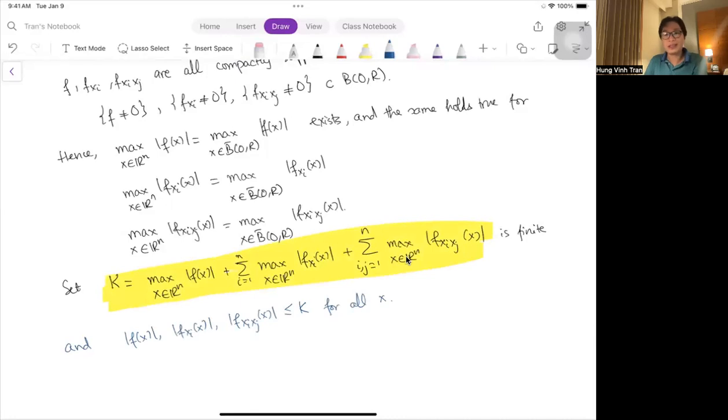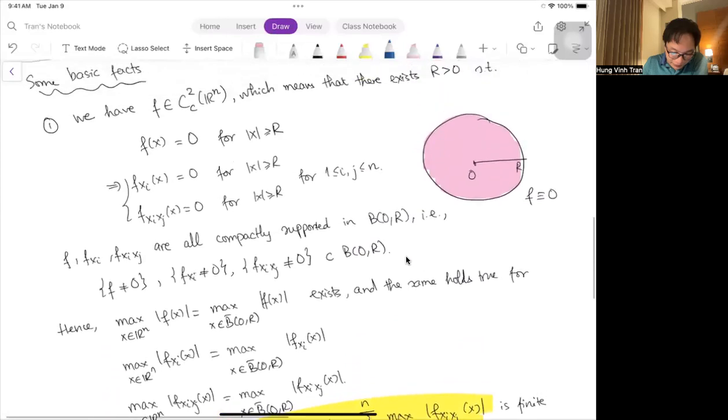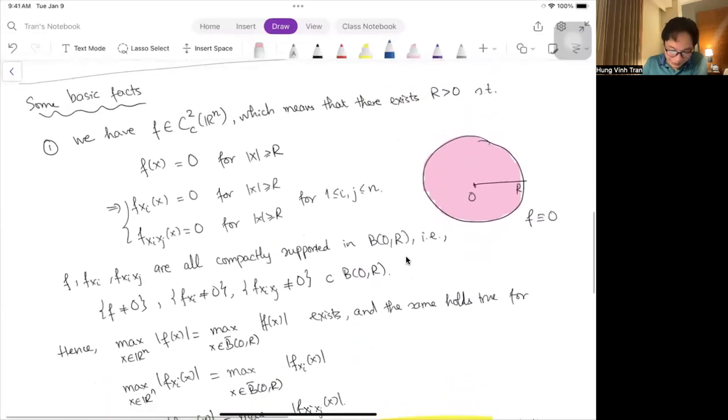So we essentially define a bound k, which is an upper bound for all the values of f or its first and second derivatives. Okay, that's the constant k we define. So that's the first fact. It takes a bit of time, but okay, whatever.